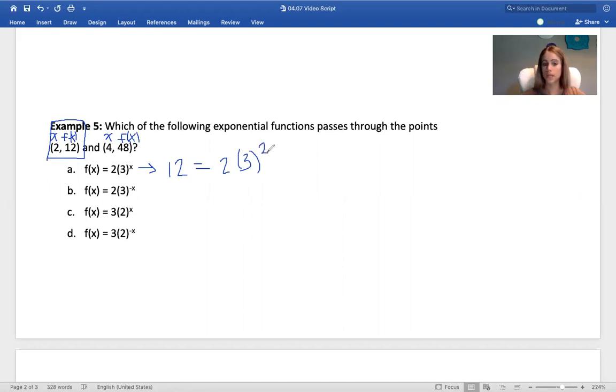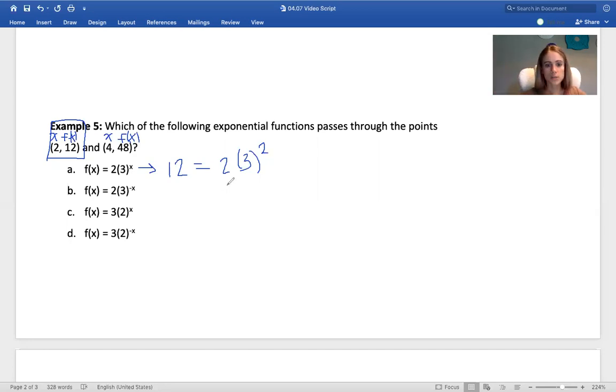Let's solve this one by substitution, because what we're trying to see is, does it make a true statement? Because if it works, that means your exponential function, when graphed, would go through those points.